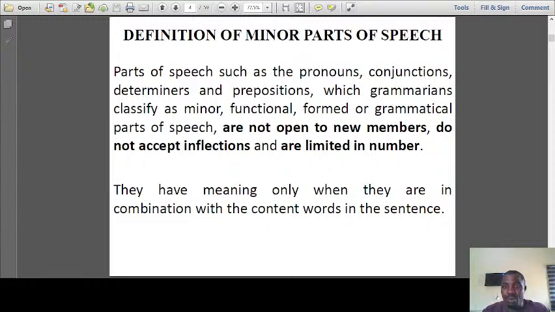They have meaning only when they are in combination with the content word in the sentence. So it is only when they are in combination with the major part of speech, otherwise known as the content word, that we begin to identify the meaning they are talking about. Last week we explained it, this week also. The preposition, standing alone, you may not get enough meaning from what of is.